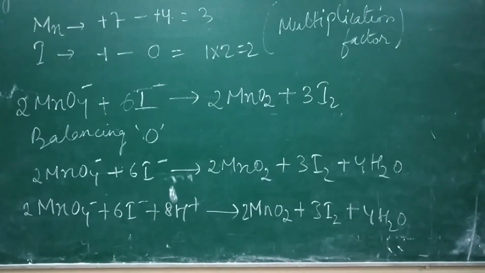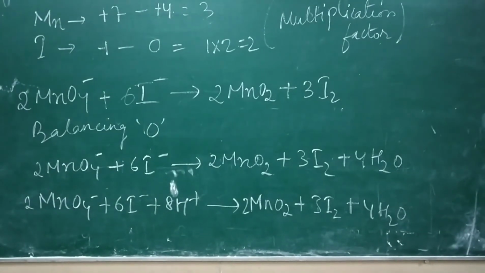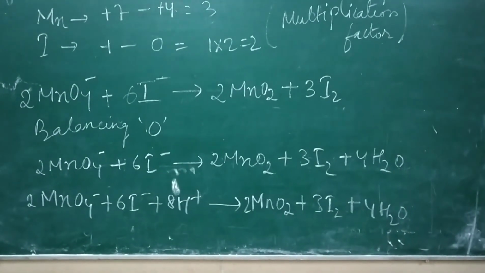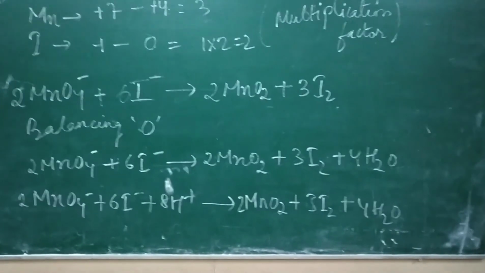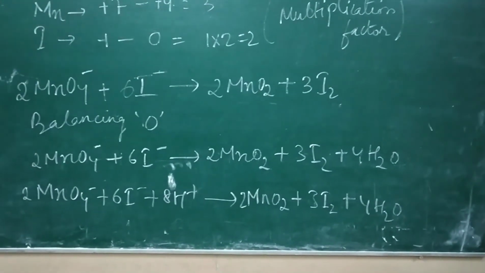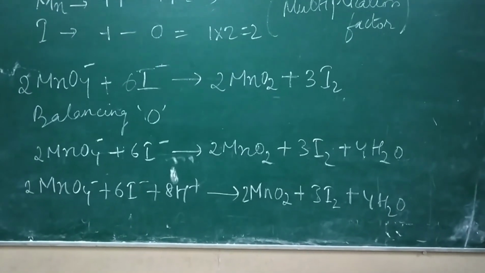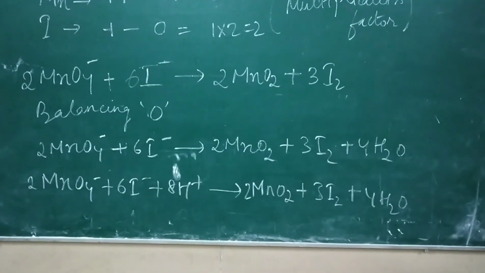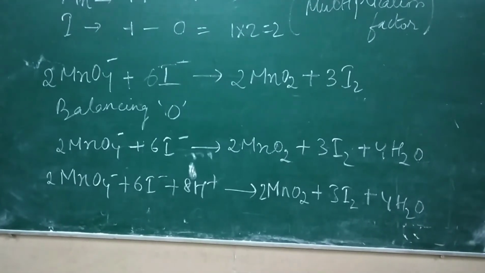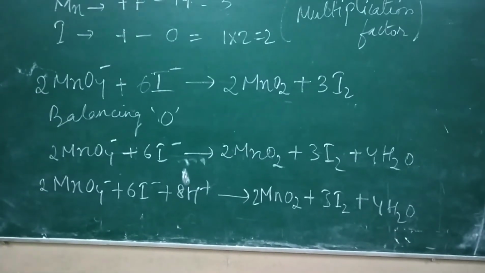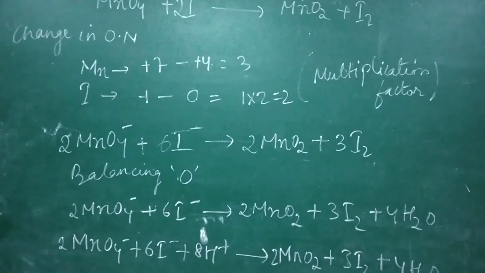Now similarly, if in the question the reaction was supposed to take place in basic medium, then in the similar manner we will add an equal number of OH minus ions on both sides, and we will get the same equation that we got in the half reaction method. So this is the oxidation number method.